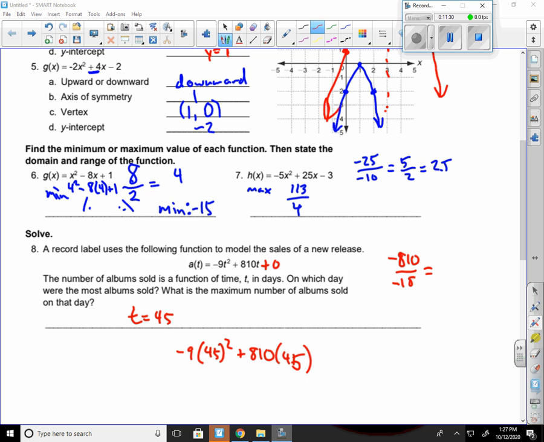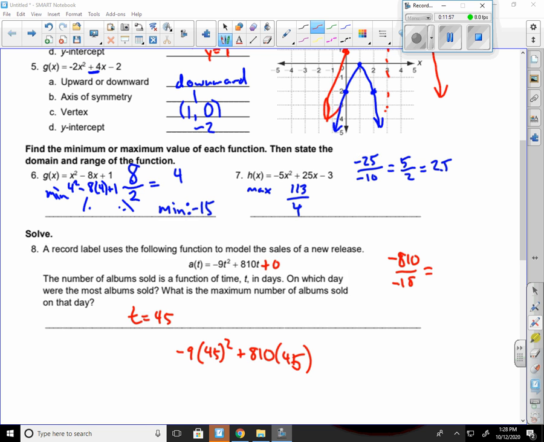That doesn't make any sense at all. I'm coming up with zero albums sold. Yeah, that makes no sense. Let's try this again.